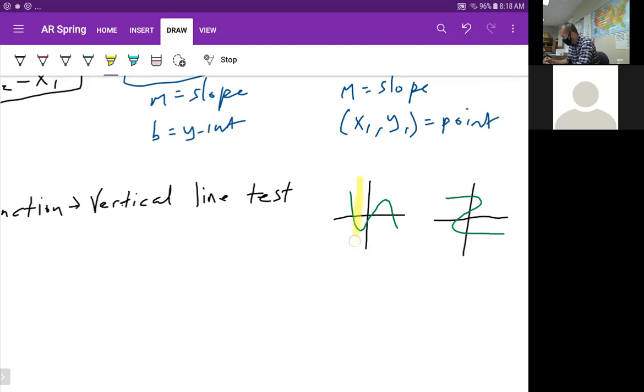Anywhere you draw a vertical line here, it's good. Draw a vertical line here, it's not good. You can't hit more than one point. So this one passes the vertical line test, this one fails the vertical line test.